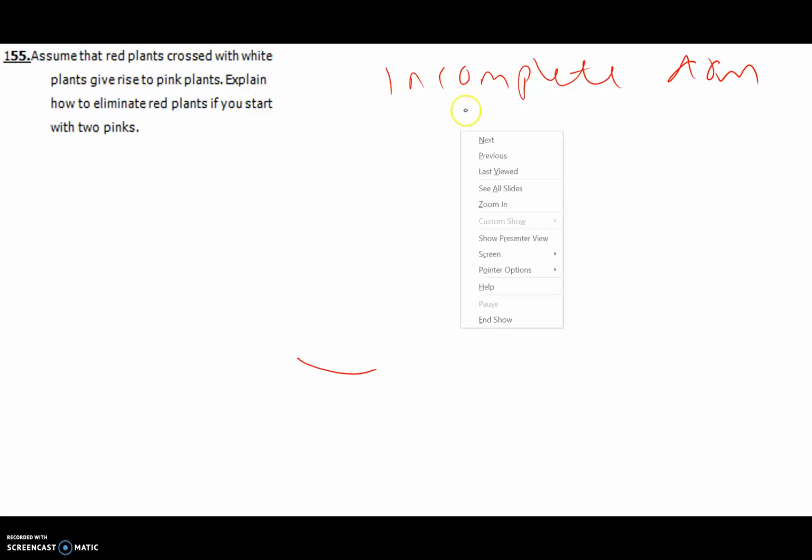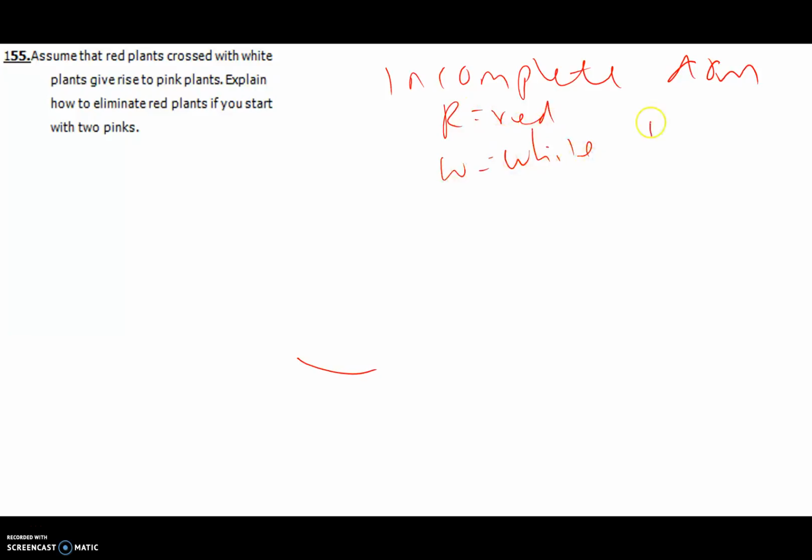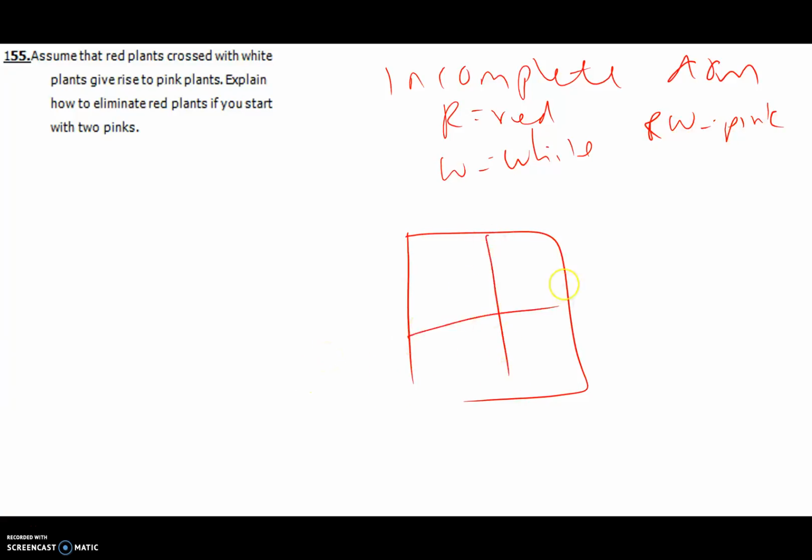So we'll say red, white, pink. Okay, so if we start with 2 pink plants, you would breed them, and you want to eliminate the red plant.